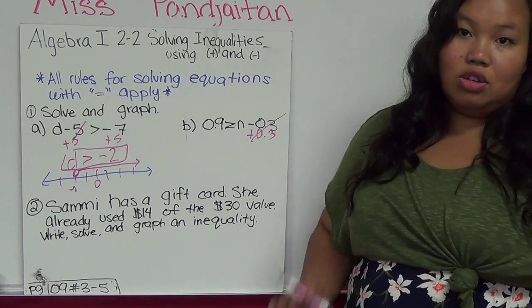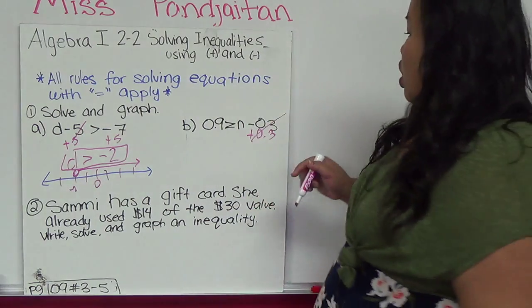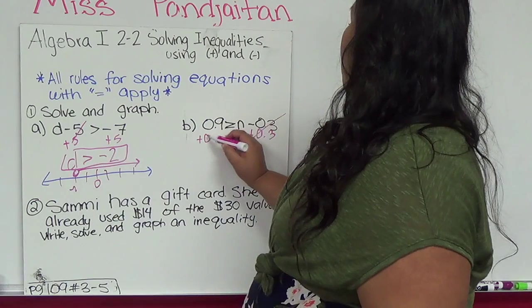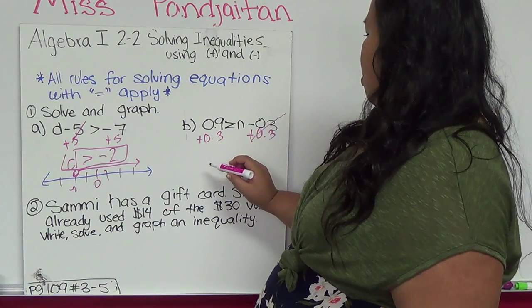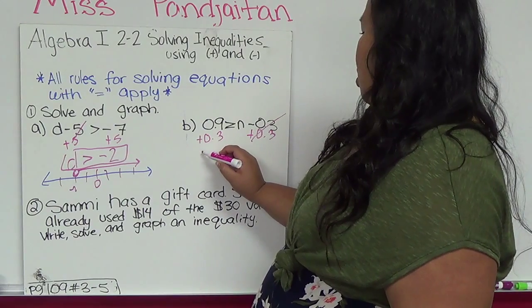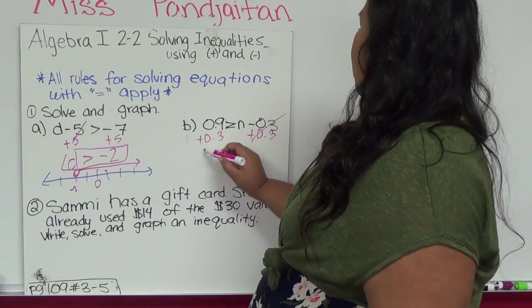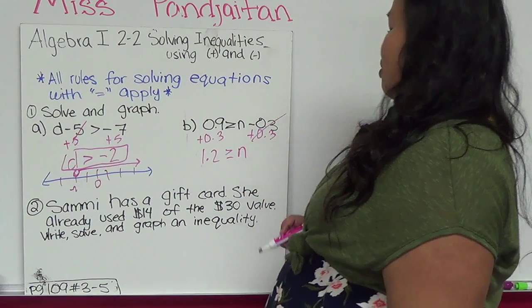And again, you'll be annoyed with me saying this, whatever I do to one side, I have to do to the other. So this would be adding 0.3. This gives me 1.2 is greater than or equal to n.